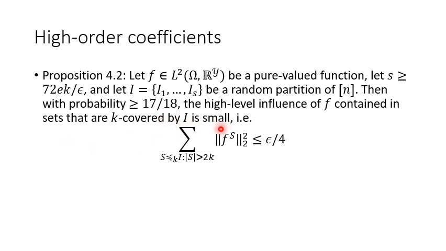This sum will be smaller than epsilon/4, where the sets S considered here are sets that have k parts of I covering them, and also have cardinality at least 2k. That is what we will now prove.